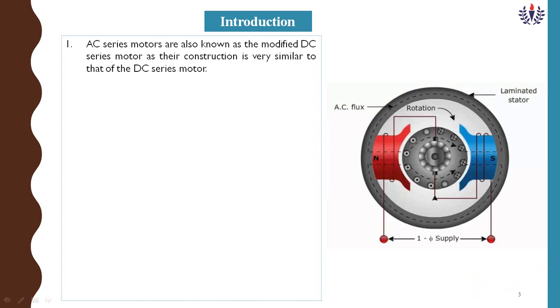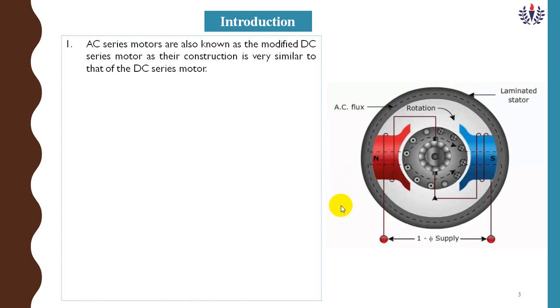You see this diagram. I'm going to give you a single phase supply, and this is my stator. This stator will be a laminated stator, and inside there will be a rotor, which is having field coils. This series motor will rotate in one direction only, in the forward direction, for every half cycle.